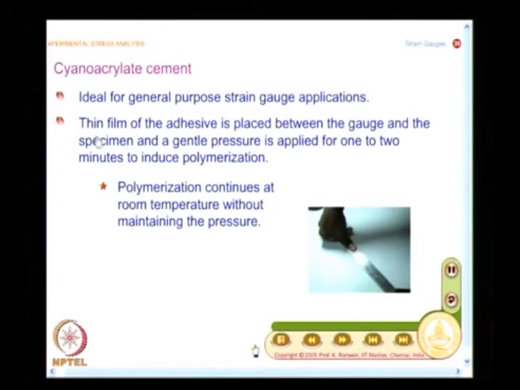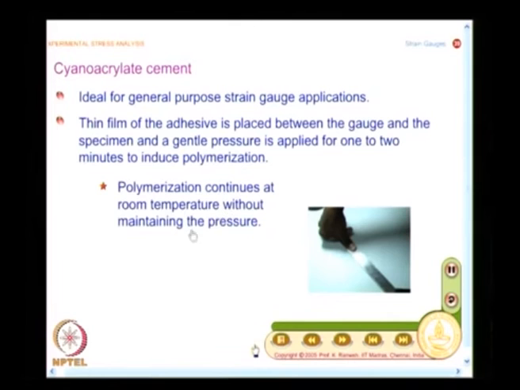So, what you find is thin film of the adhesive is placed between the gauge and the specimen, and a gentle pressure is applied for 1 to 2 minutes to induce polymerization. So, strain gauge bonding is done.